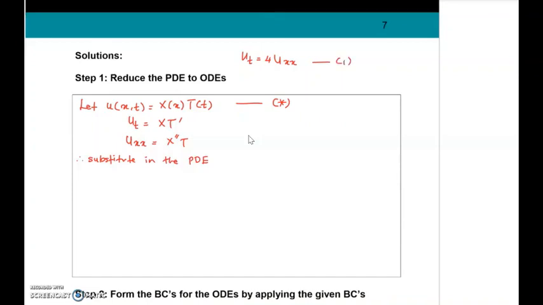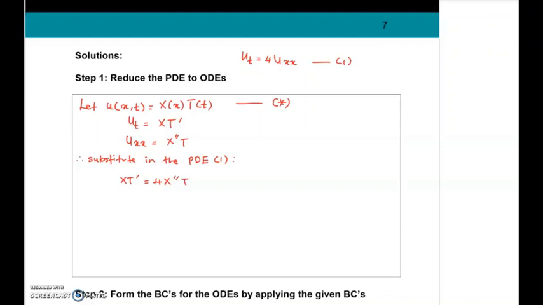Then we have X T prime equals 4 X double prime T.